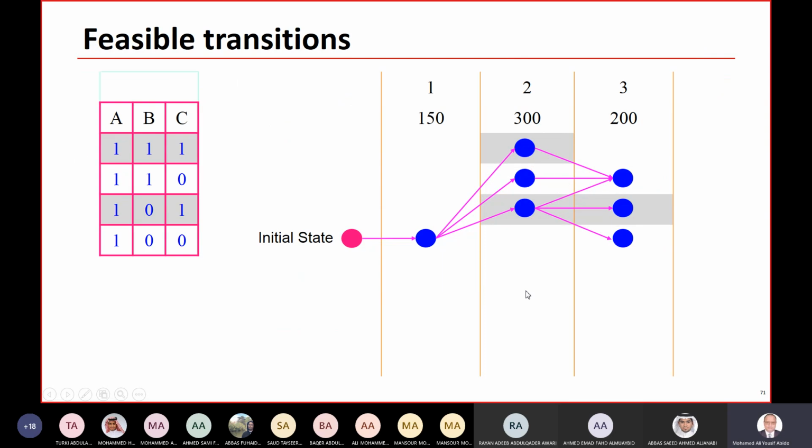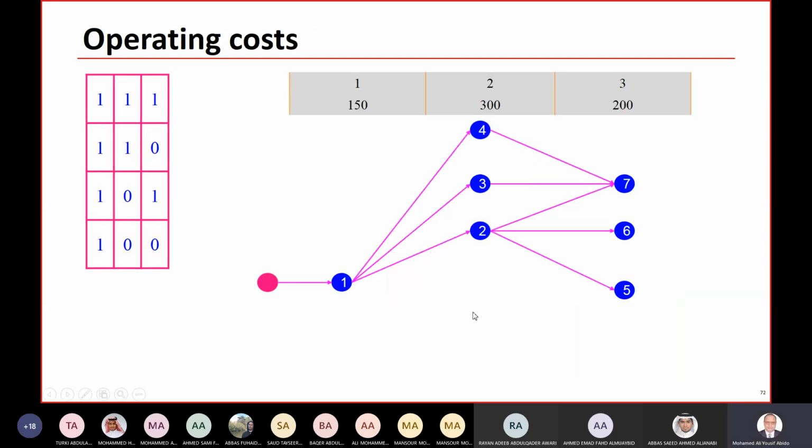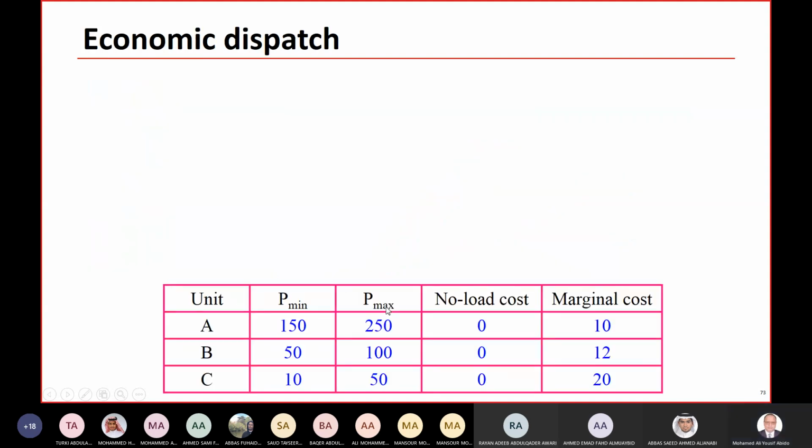Okay, great. These are the remaining feasible solutions. And now let us calculate the cost accordingly. Okay, so for status 1, how much is the cost? I just remind you, but by the unit, minimum, maximum, and no load cost, and the marginal cost, and also startup cost later on will be taken into consideration.